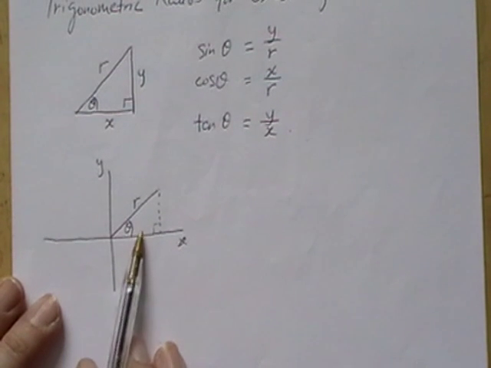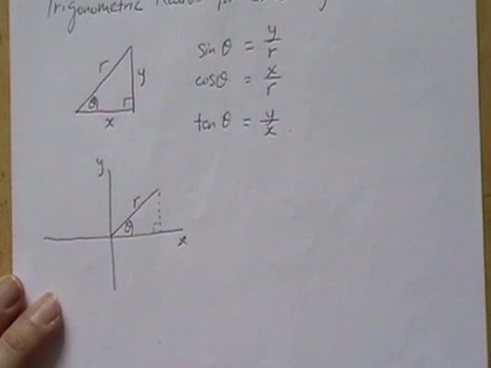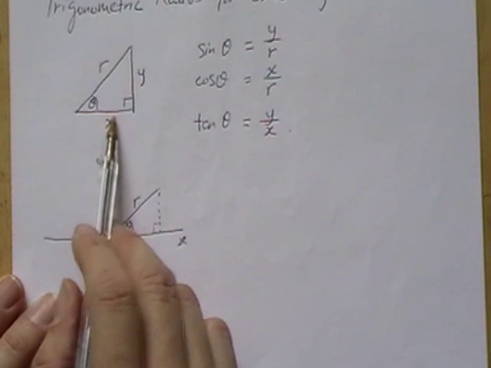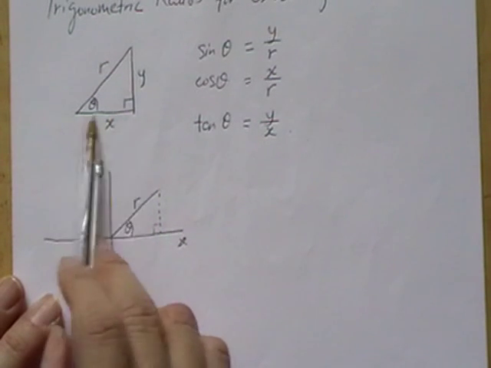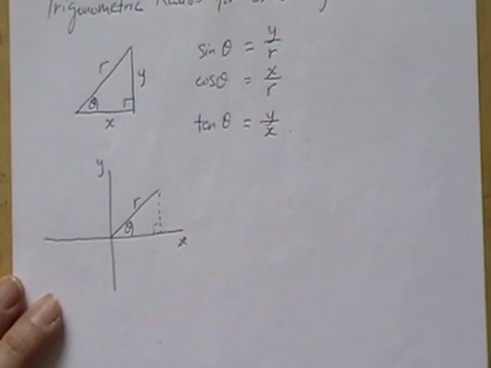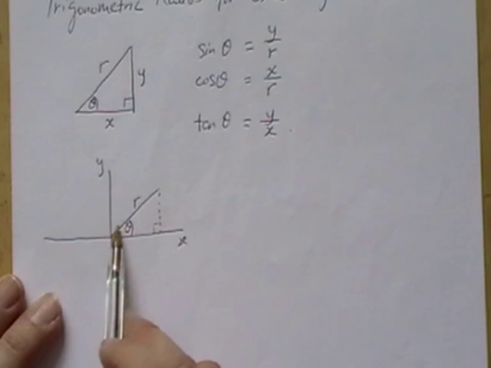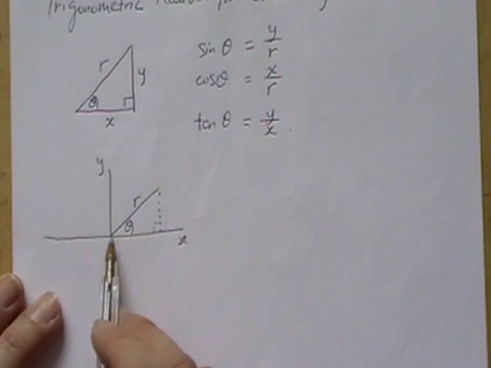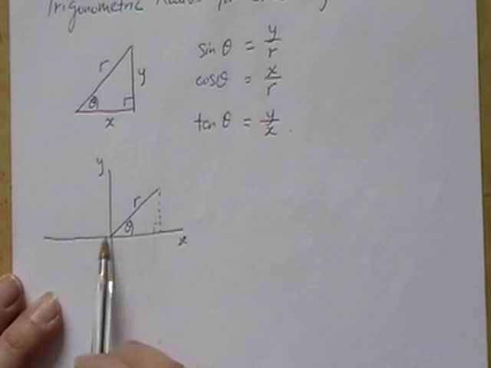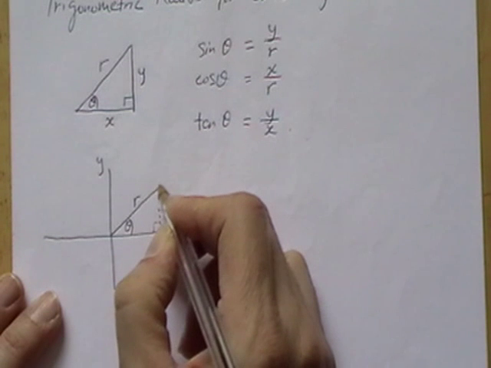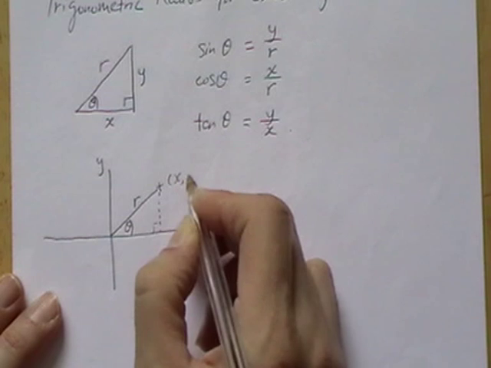So that's the start. Now then, in the right-angled triangle, we think of x and y as two sides of the triangle. But on the xy plane, we're not going to think about x and y as just the sides of this triangle. We're going to think about x and y as the coordinates of that point, x, y.